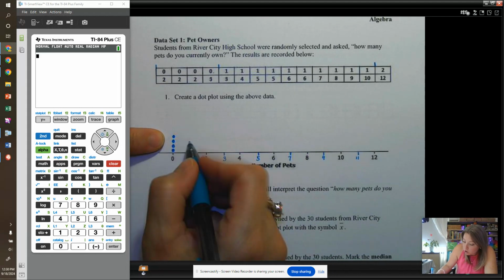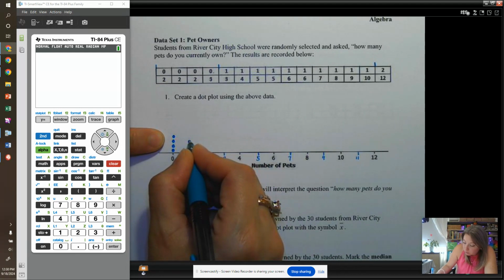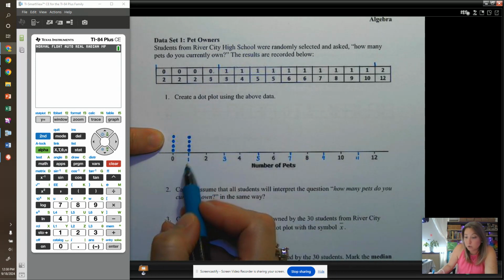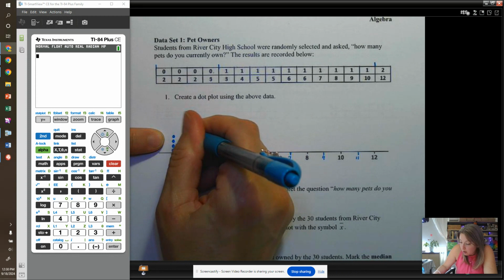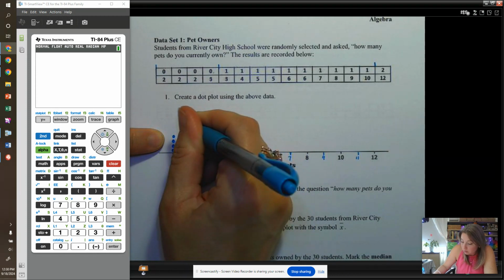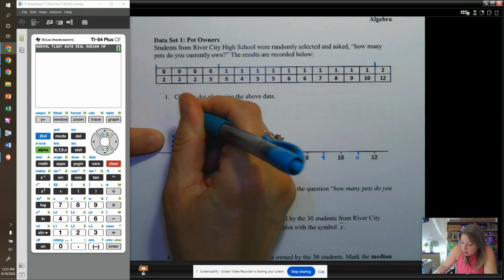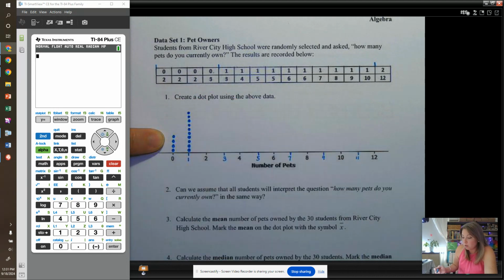So we have to know that they're at the same level, and we line them up horizontally and vertically. So there's my 4 dots over 1, and now I keep going. 5, 6, 7, 8, 9, 10 people had said they have 1 pet.